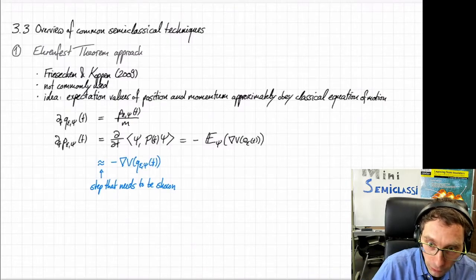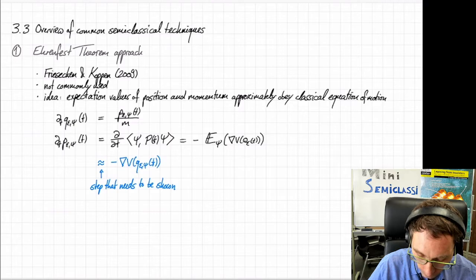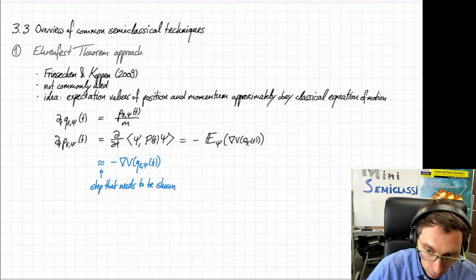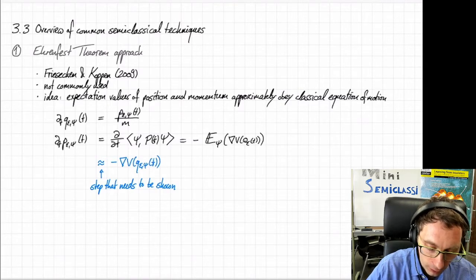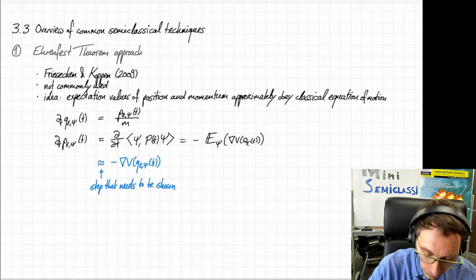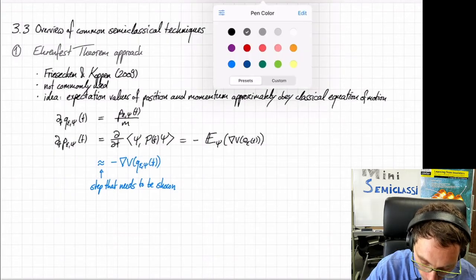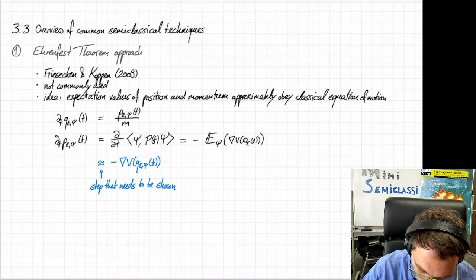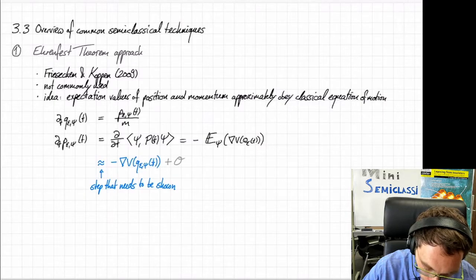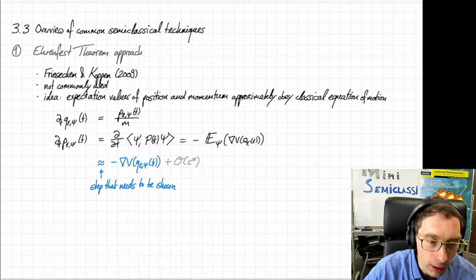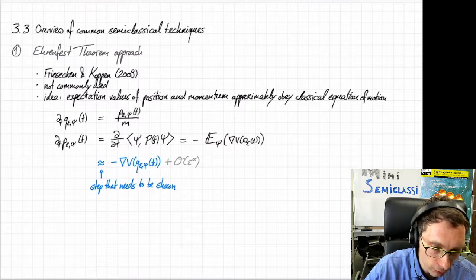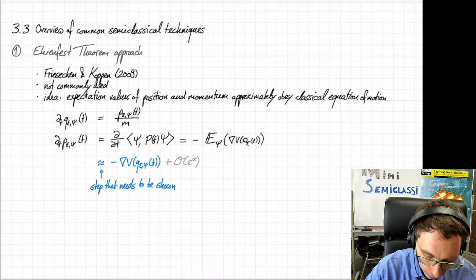Now, of course, if I just write approximately equal to, what I would also have to show is the size of the error term. I would have to quantify it. And what you would like to do is add an error of the form epsilon to the power alpha, where alpha is some explicitly known constant that is greater than 0, because if it were 0, then this is not an error at all.